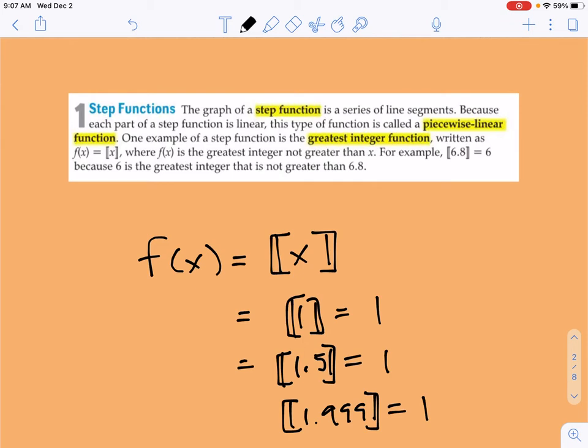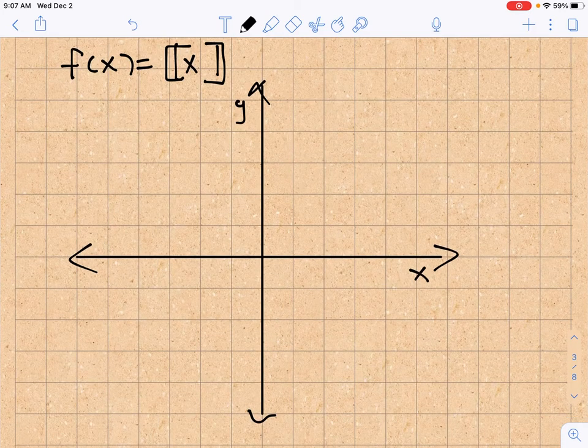So we are going to look at what that looks like for a graph. If you put 0 in, it's going to just be 0. If I put 1/2 in, it's going to round down to 0, so that would be here. And anything before we get actually to 1 is going to be along this line here.